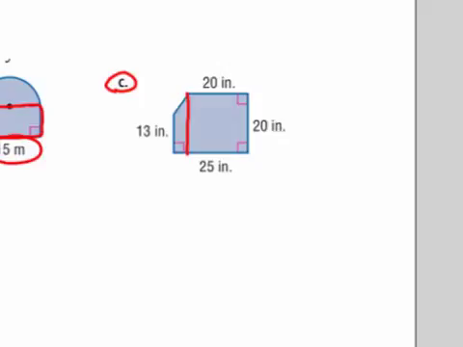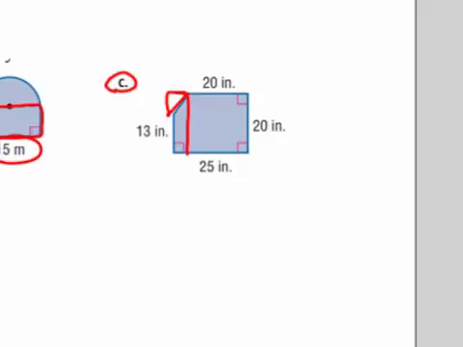Or you could say, well, it is that rectangle minus that little triangle. So you could do it either way. And we'll go ahead and do it with the rectangle minus the little triangle.